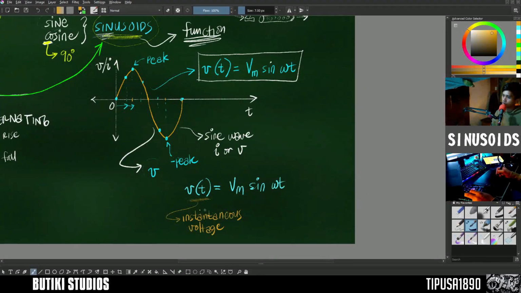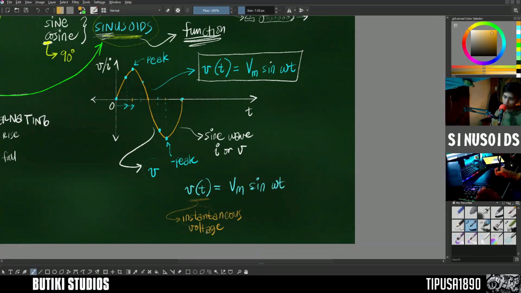What it means, mao ng tag instantaneous, so gikan sa term nga instant, so the value of your voltage at any instant, no? Any instant, meaning to say nagsalig siya sa oras. At that instant, unsa man ang value sa imong voltage? At this instant, unsa ang value sa imong voltage? That is why it is called instantaneous.